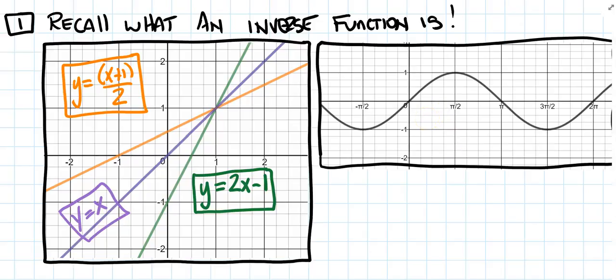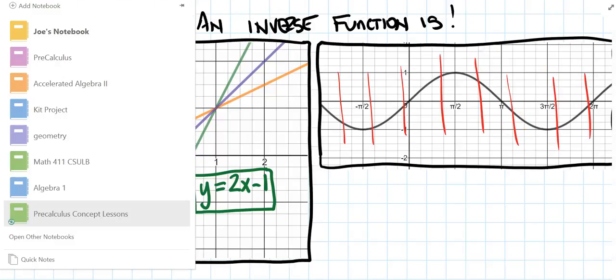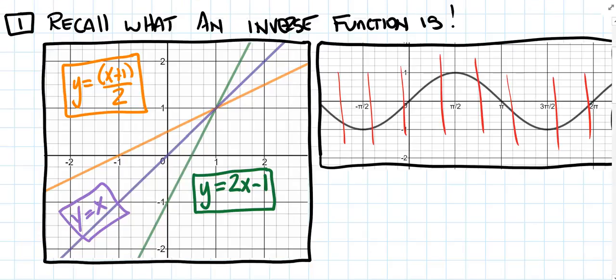I have graphed for you y equals sine x, and as you can clearly see, it definitely passes the vertical line test, meaning that there is no point at which the graph crosses more than once for any vertical line. So we're good to go there. The problem, of course, comes up when we try to invoke the horizontal line test.